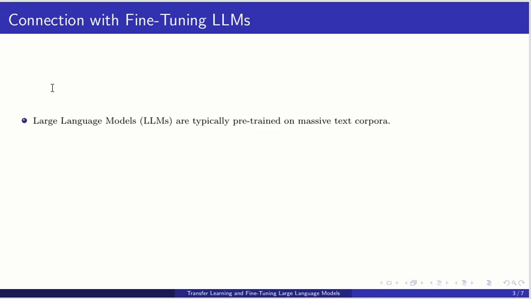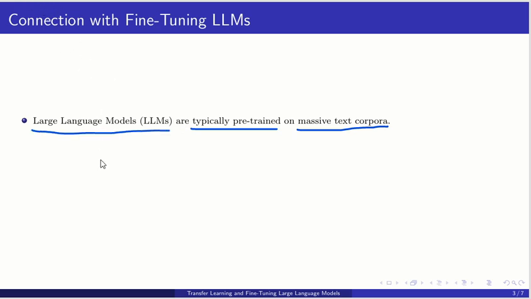Now, what is the connection with fine tuning large language models? That means, what is the relation between transfer learning and fine tuning large language models? Large language models are typically pre-trained on massive text corpora, sometimes whole internet data, like GPT-3, GPT-4.